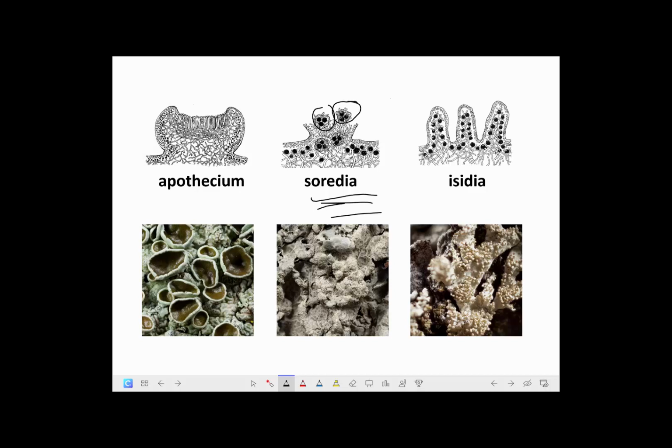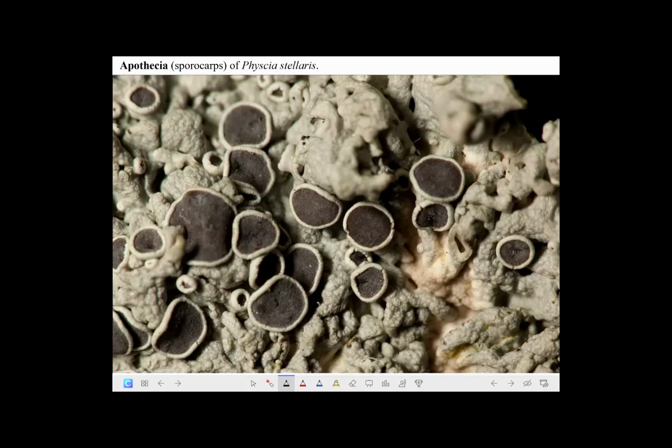I think of it as if you grabbed a handful of spaghetti and meatballs, where the spaghetti is the fungus and the meatballs are the algae, and threw it against the wall and formed a new spaghetti and meatballs dinner. Well, anyway, isidia, by contrast, instead of being openings on the surface of the lichen, they're little finger-like projections, and they have to break off in order to be dispersed and form new lichens. So, powdery soredia, finger-like isidia.